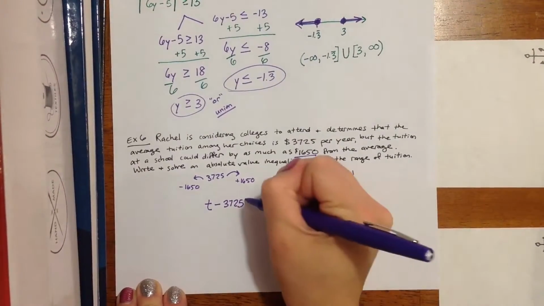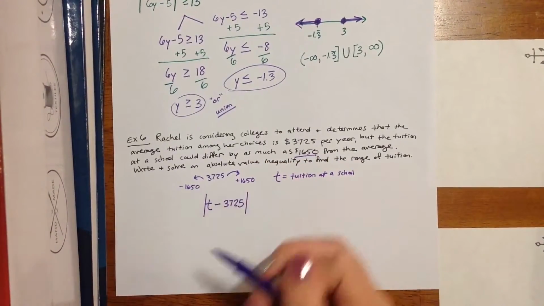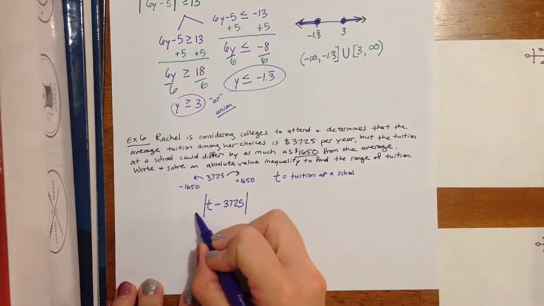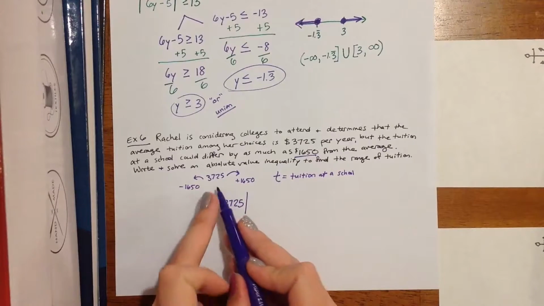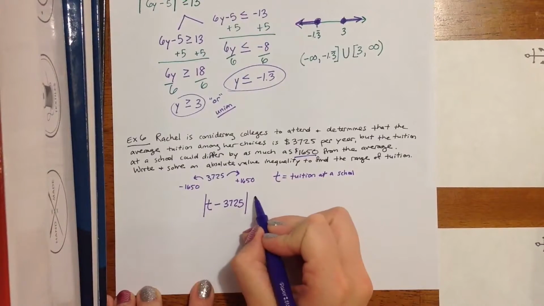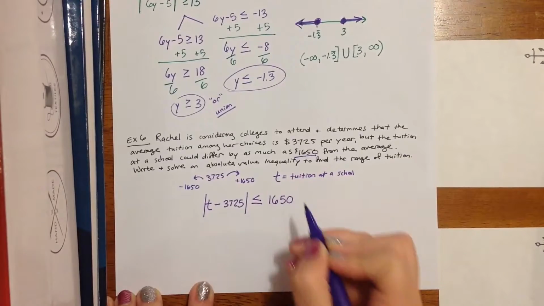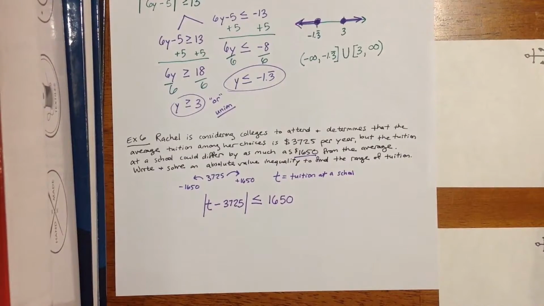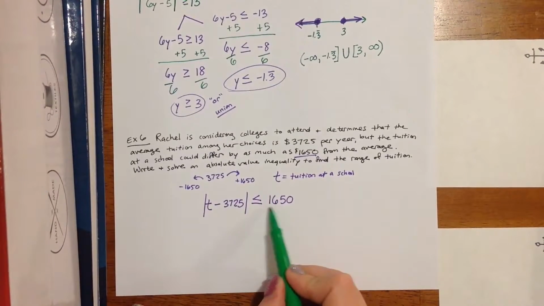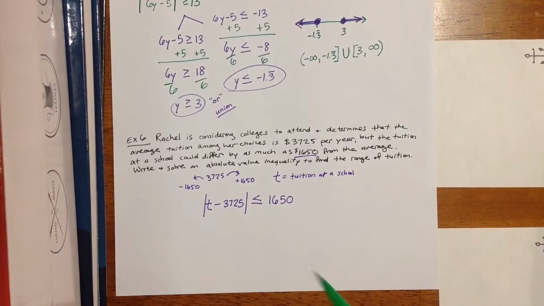When I do that subtraction, if I make it positive, and that is all the absolute value bars are doing for us, making this a positive number, the difference here is going to fall within this 1,650 range, meaning my difference here is less than or equal to 1,650. There we go. So take the tuition, subtract the average from it, and that's going to be less than or equal to the range on either side. So that's us writing the inequality.